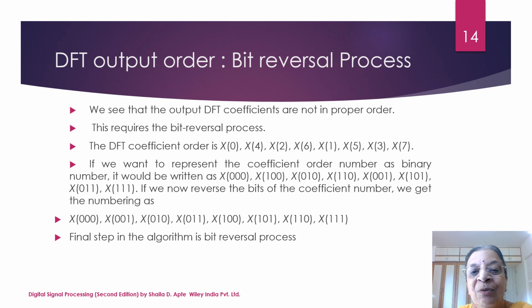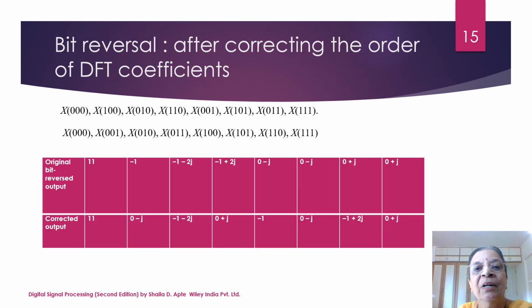So you will have to carry out the bit reversal on the output sequence. That is the last step in the computation. So the final step in the algorithm is a bit reversal process, right? So after bit reversal, we'll get the correct order. So let us see. This is x001. So where is x001?